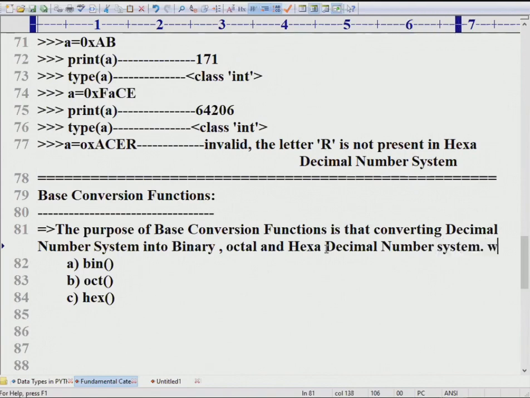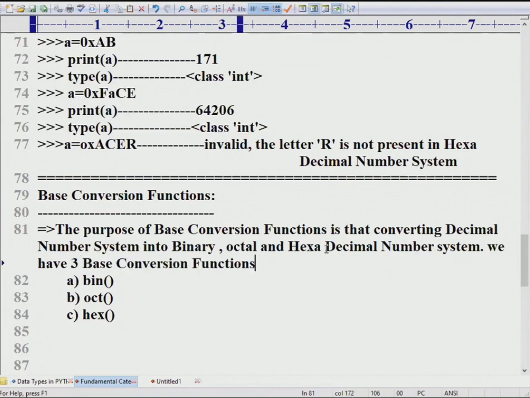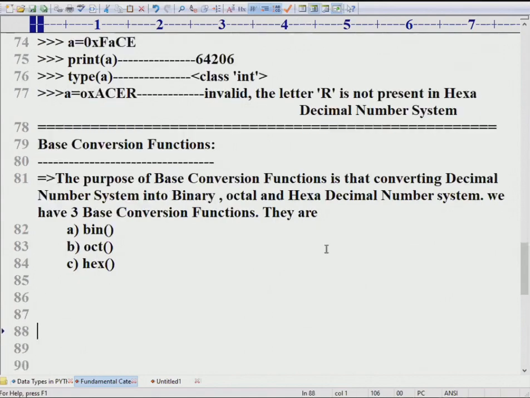We have three base conversion functions. I'm giving this for you from an interview point of view, so you can answer this way. Now I'm going to the first one, called bin. What is the purpose of this function? Easy.